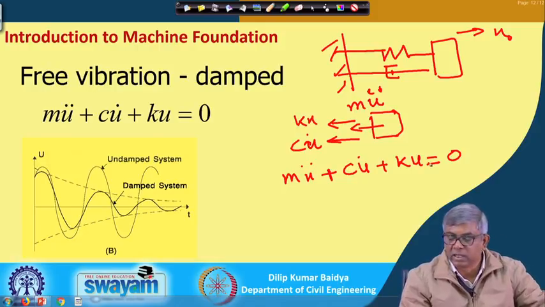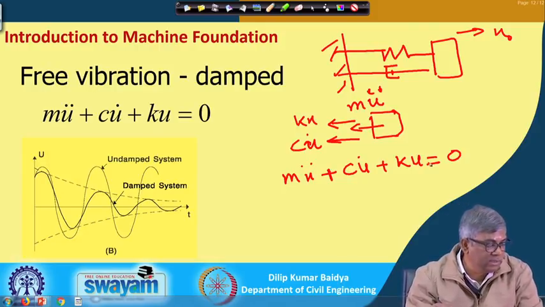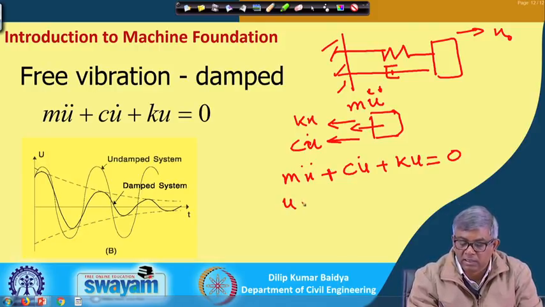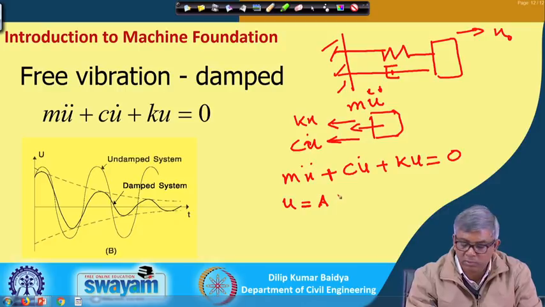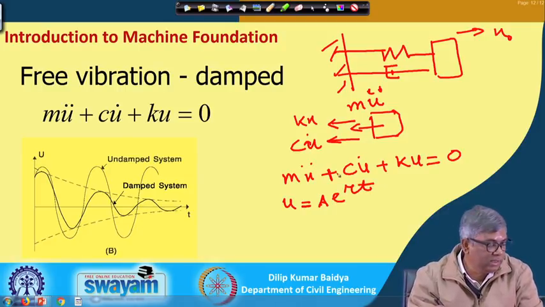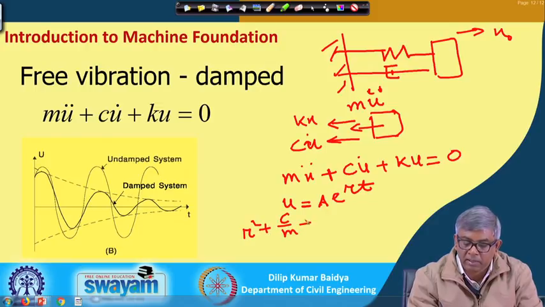This equation can be solved by taking an initial solution as a e to the power r t, and if you substitute this, I will get an equation: r square plus c by m r plus k by m equal to 0.